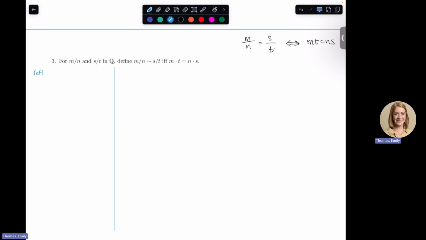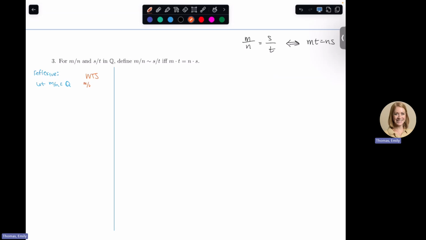For reflexive, I'm going to let M over N be in Q. For reflexivity, what do I want M over N to be looking at? Itself, right?